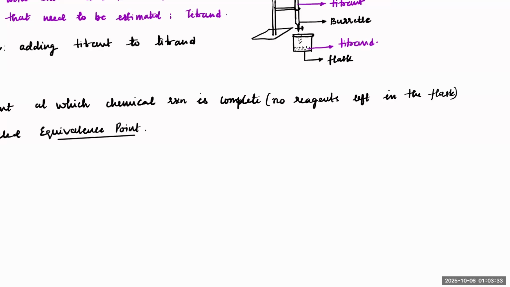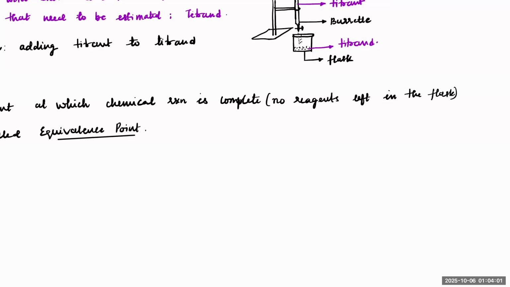Got it? Clear? But since there is no proper control of the flow, every drop might be something close to 1 ml or 0.5 ml, correct? So to find out the exact amount of volume becomes difficult. So that's why we will be reaching nearby equivalence point using indicators, correct?